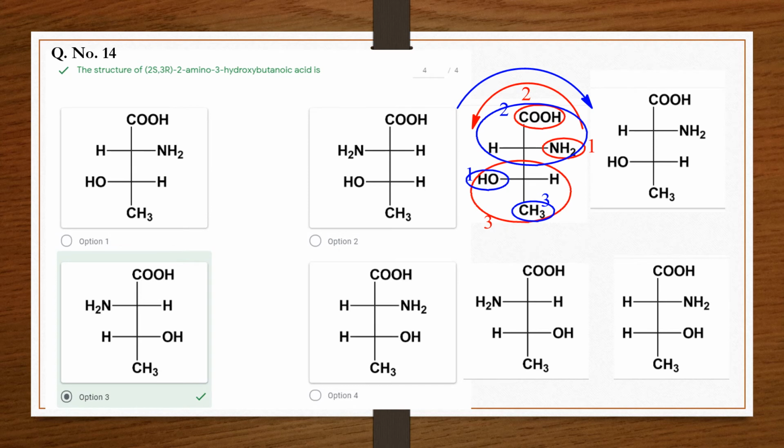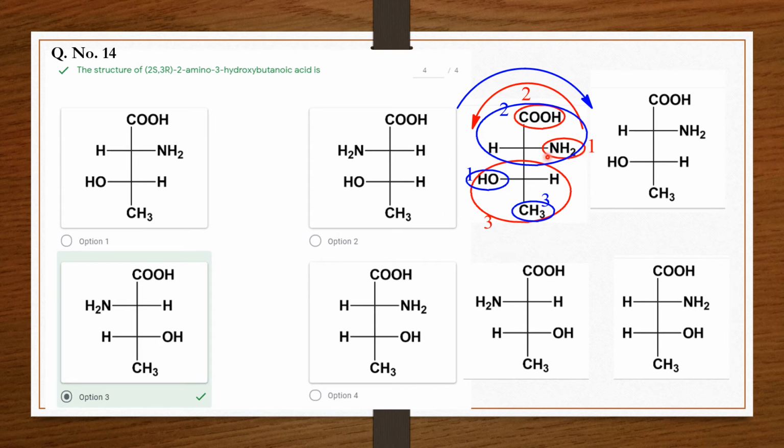And the next question is: the structure of 2S, 3R 2-amino 3-hydroxy butanoic acid. So we have 4 options. The assignment of S and R configuration is based on the CIP rule, and if you know the CIP rules, we can answer this question very easily. For instance, I will explain one structure.